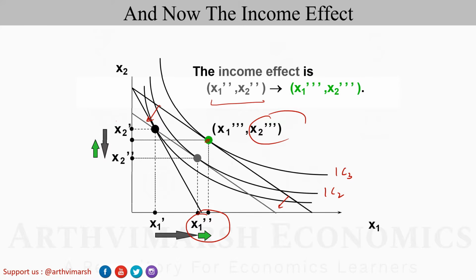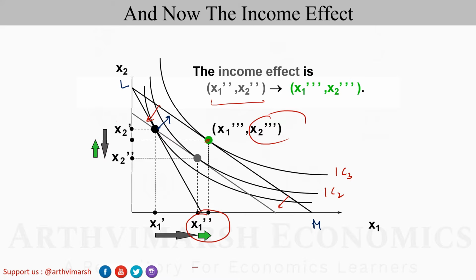So because of the fall in the prices, our new budget line becomes something like this. Let us call it LM. We moved from this point to this point because of the change in the prices.